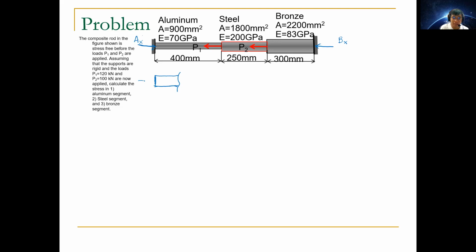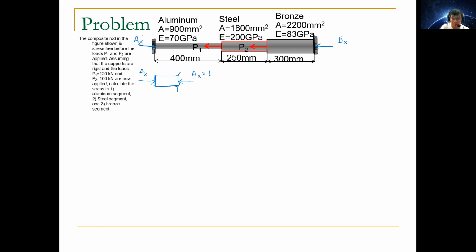So if this one is AX, this should be the force coming from the reaction, right? Which is also AX. But in this case, instead of putting AX, we try to make it equal to the force inside the aluminum.